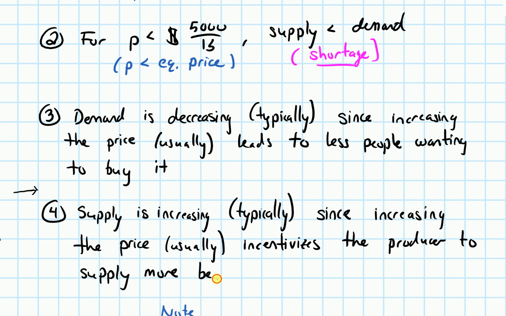Because if the price is higher, they'll earn more if they can produce more and then sell that quantity. So that's why supply is typically increasing.